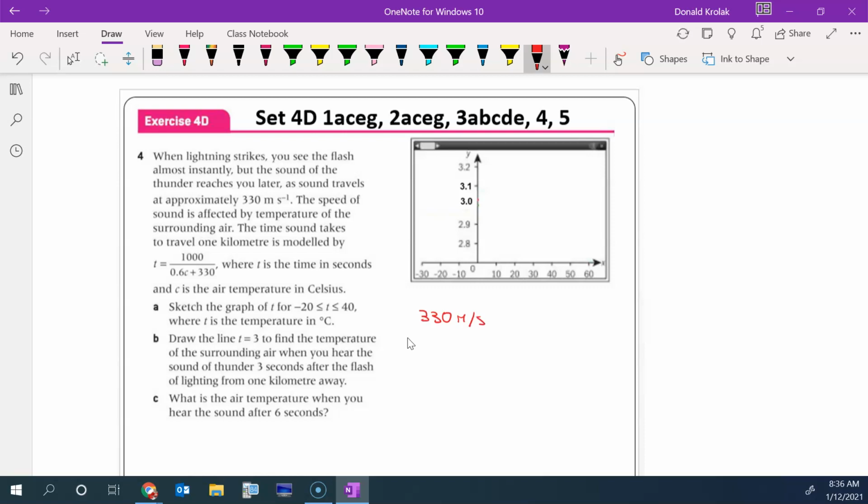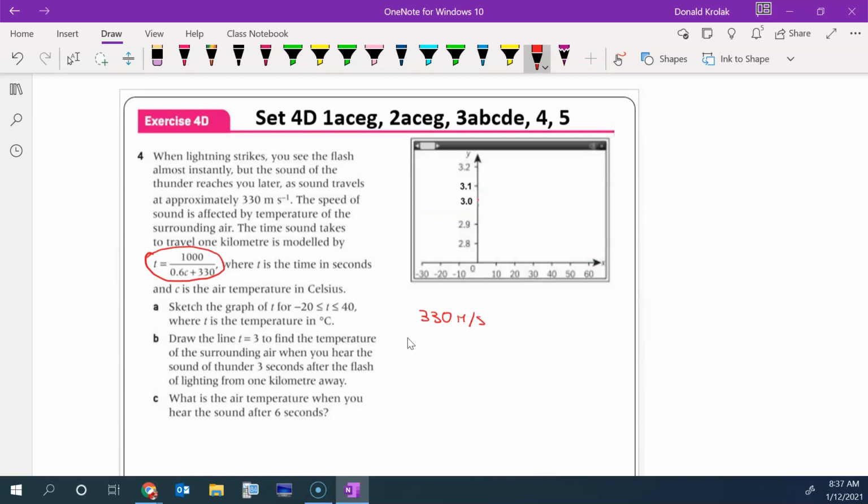All right. The speed that it travels at is affected by the temperature of the surrounding air. The time that sound takes to travel 1 kilometer is modeled by this formula. Okay, so C is the temperature and T is the amount of time.